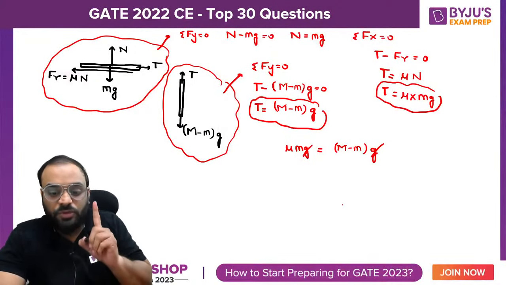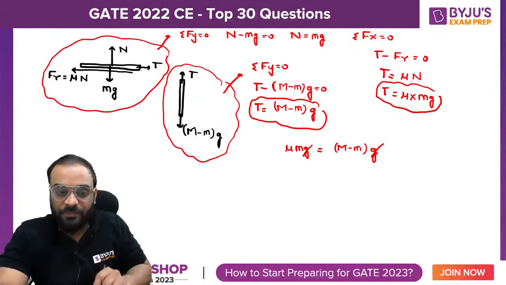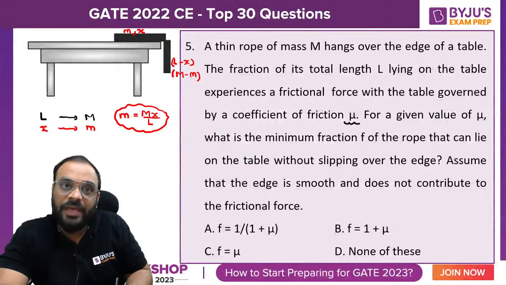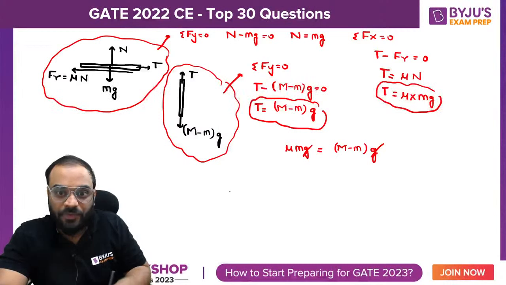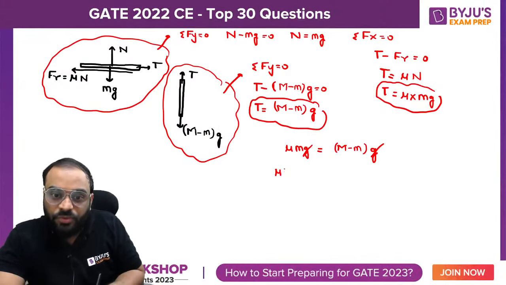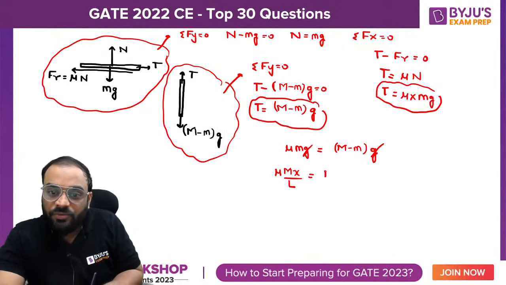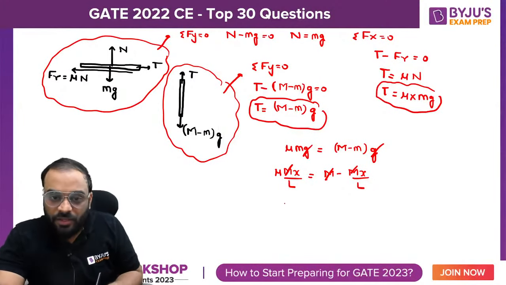Now we need to place the value of small m. And what is the value of small m? M into x divided by L, right? So mu into capital M into x divided by L is equal to capital M minus capital M into x divided by L. We know that capital M is common, you can cancel it out. So first we will take the LCM.